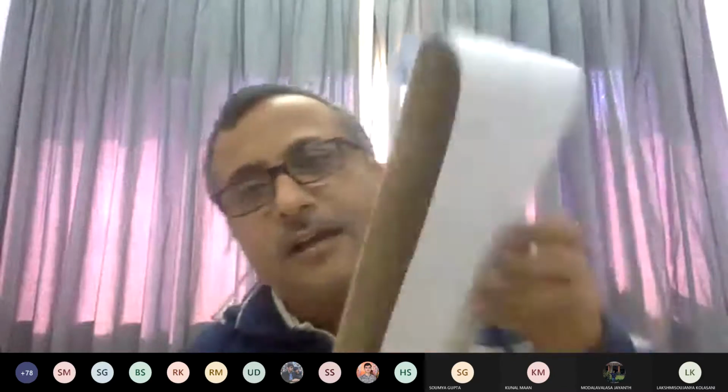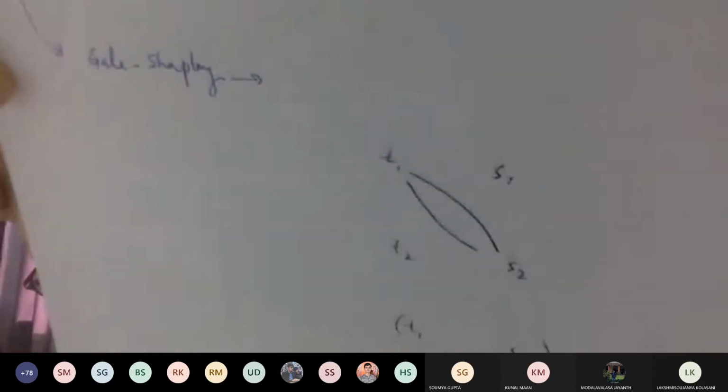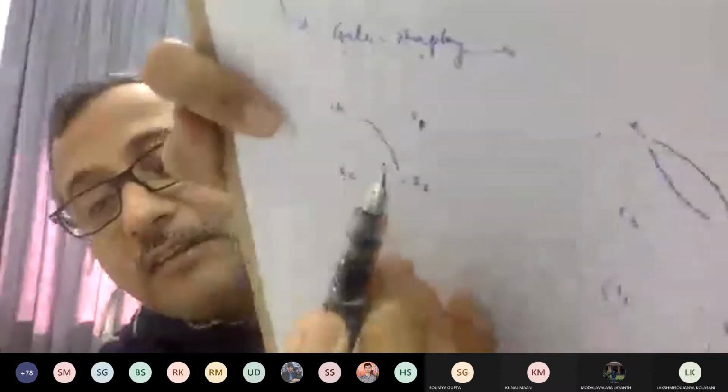Remember here, if you can see this picture, a blocking pair means both can improve their situation. It's not like, if one can improve its situation and the other cannot, then that's a blocking pair. Suppose I put a link on this left side.